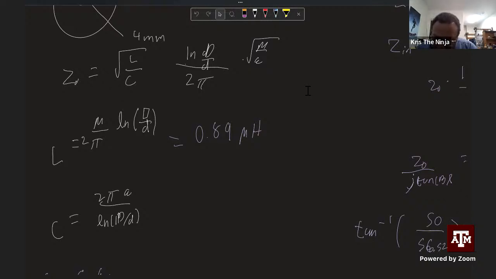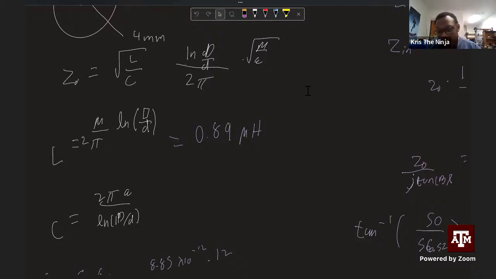So we have 8.85 times 10 to the negative 12 times 12. Then we'll do 2 pi times epsilon. I have that also saved as E, I believe. Yes. So we multiply that by 12 times 2 pi.